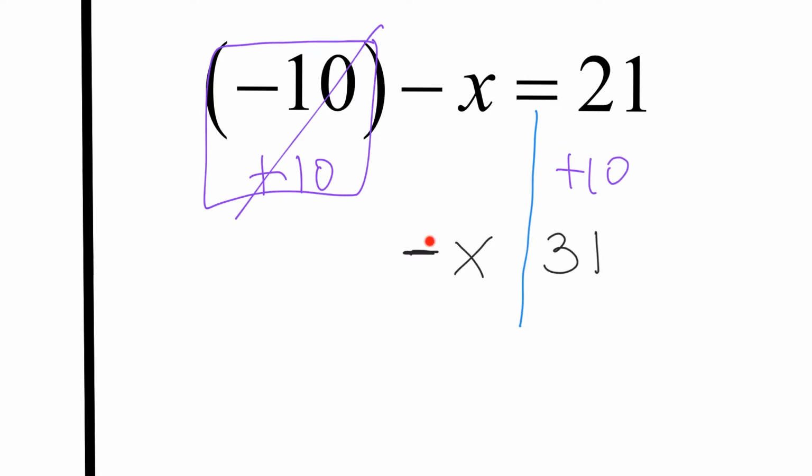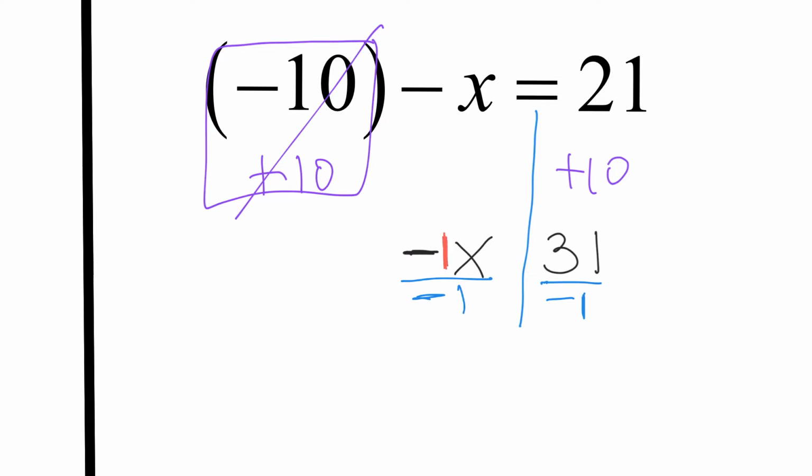You also have to get rid of this negative because your answer can never have a negative variable. So all we're going to do now is divide by negative 1 to get rid of that negative. And you guys divide by negative 1 on the other side. So why am I dividing by negative 1? Well, this negative next to the x is a negative 1.